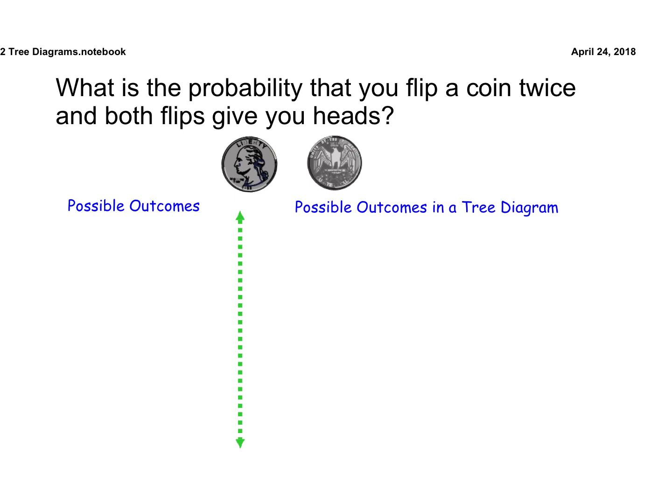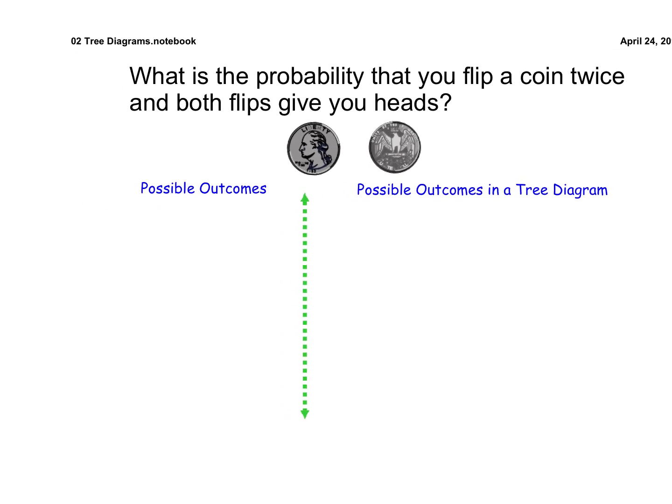All right, so let's go on to the next page. This is the same exact thing except with 2 coin flips. So, draw this. And that green dotted line can be the end of event 1. We flipped the coin and we either got heads or tails.